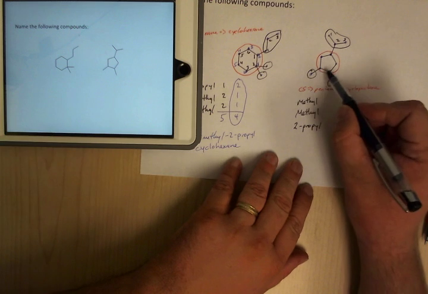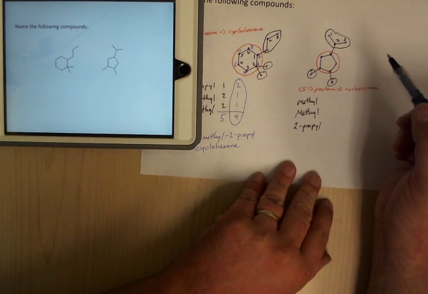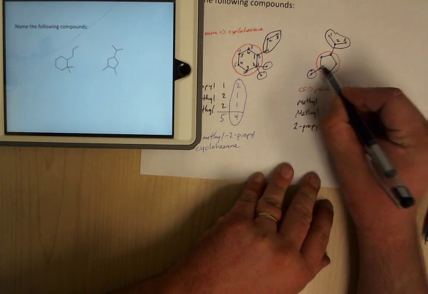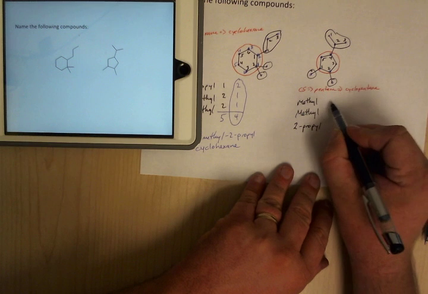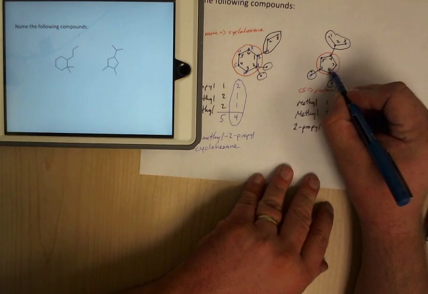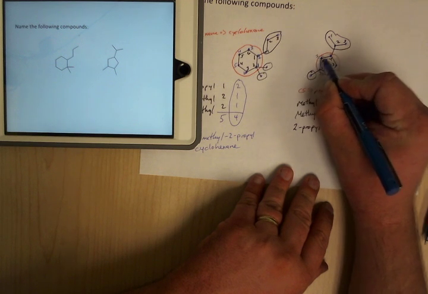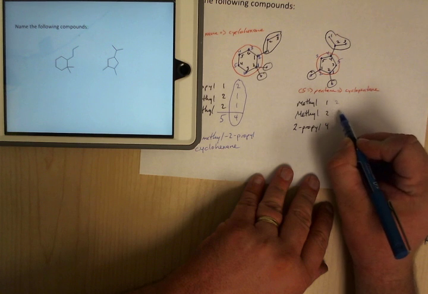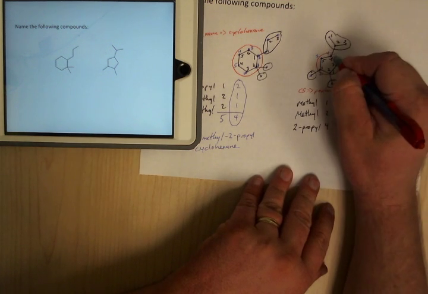Okay, so we're going to say each one of these is going to be carbon 1, and we'll see what the numbering looks like. If this one's carbon 1, the nearest neighbor's here, so it's 1, 2, 3, 4, 5. So it'd be 1, 2, 4. Now if this is carbon 1, the nearest neighbor's here, so 2, 3, 4, 5. So it becomes 2, 1, and then around 4. And then what if we said this was carbon 1?